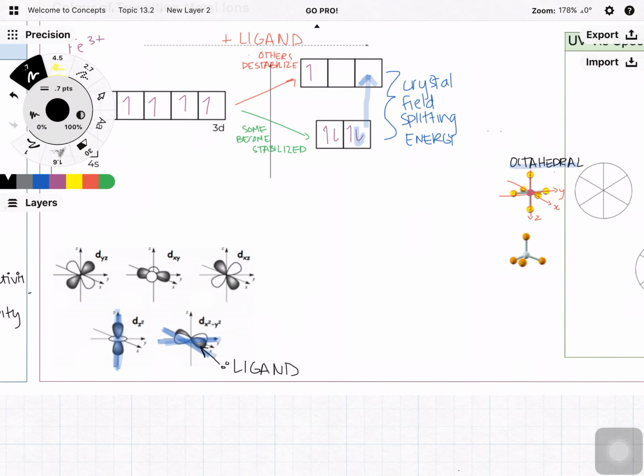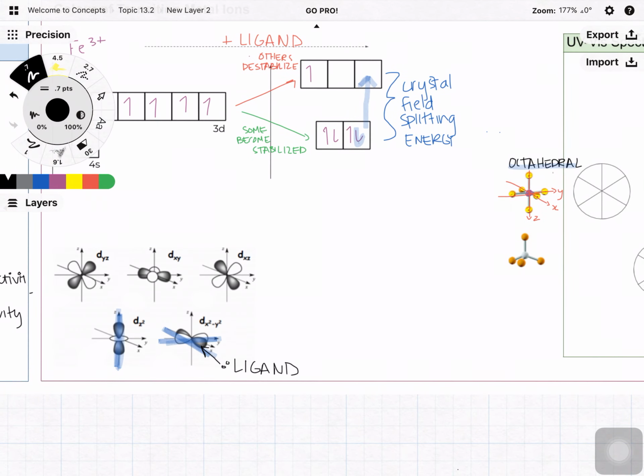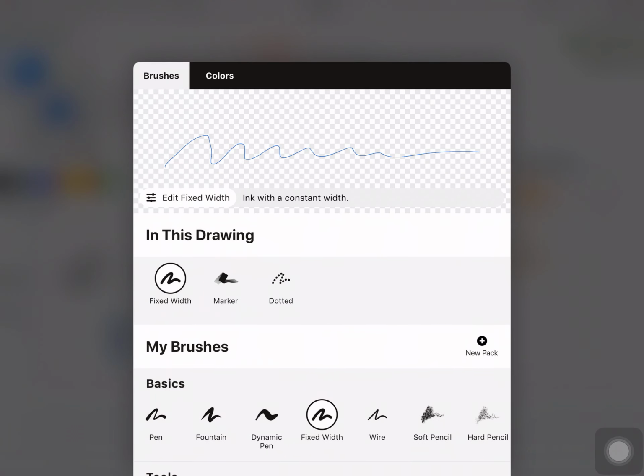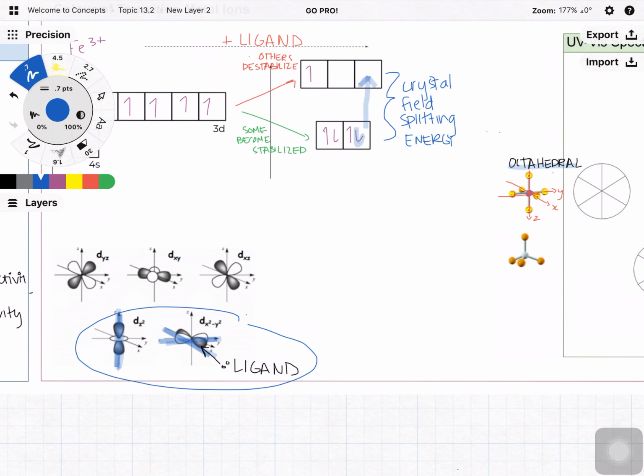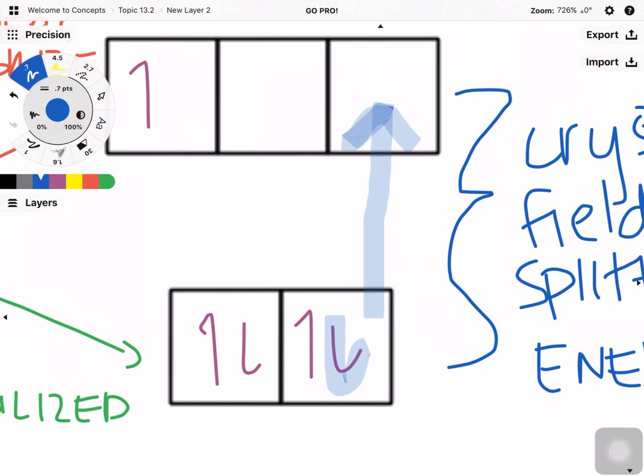What results is that in the octahedral shape, we have two orbitals, these two orbitals, that are much higher energy because there's already that negative electron, and these three orbitals which are much lower energy. So we have d sublevel splitting, and this transfer is known as d to d electron transfer. So it's not going up an energy level.